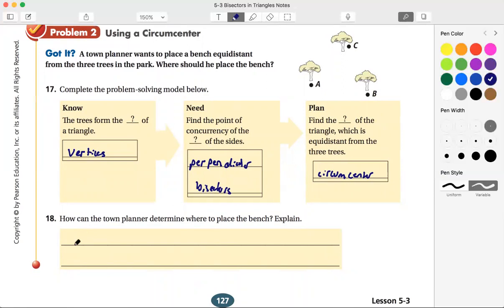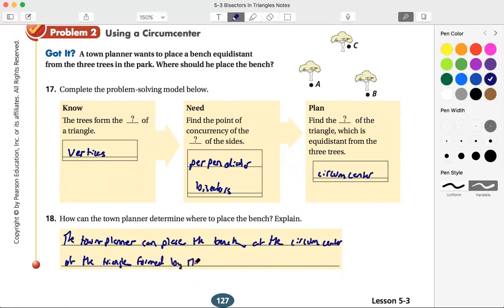So the town planner can place the bench at the circumcenter of the triangle formed by the three trees.